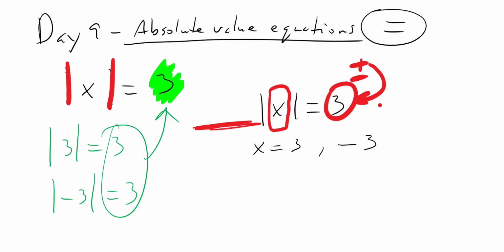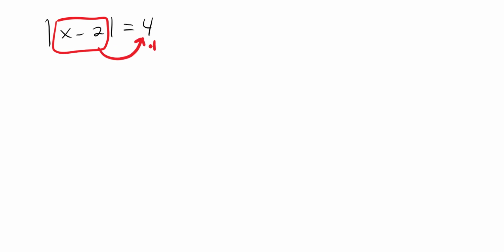Let me give you another example. If I said the absolute value of x minus 2 equals 4, what you're doing, math fans, is setting what's inside the absolute value equal to positive and negative 4. That's all you're doing.